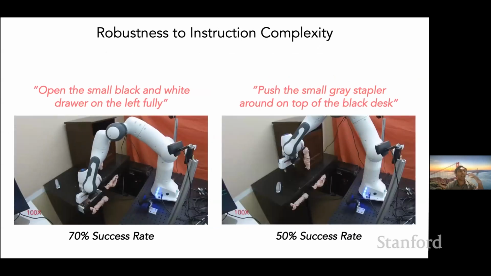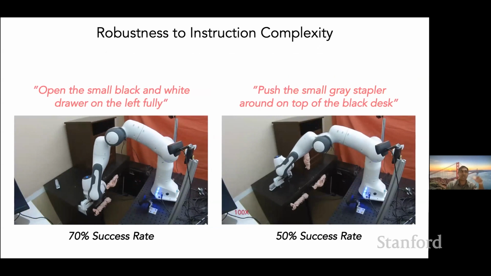So instead of saying move the stapler, we could say push the small gray stapler around on top of the desk. And again, I would say largely due to the pre-trained language model, it's still able to complete these tasks.